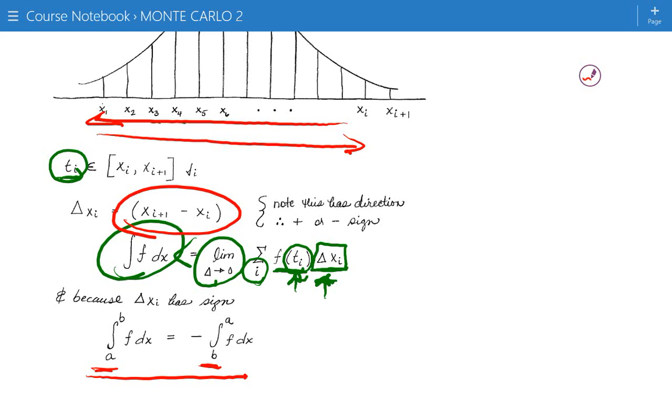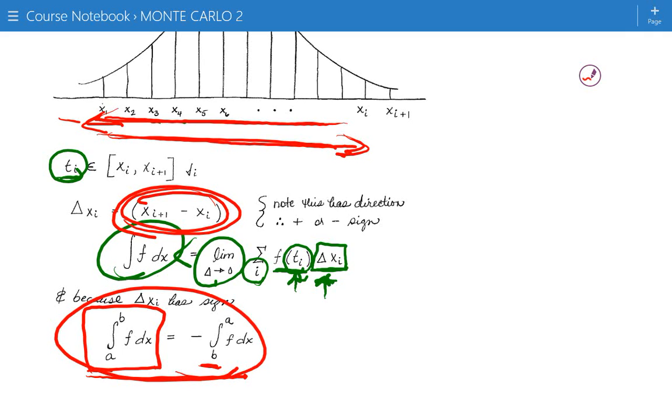The same magnitude of the integral quantity, but I would get the opposite sign because the signs of these values would be switching. So to keep them the same sign, the integral from this direction is going to equal the negative of the integral from that direction. And so that's essentially our identity that I had above.